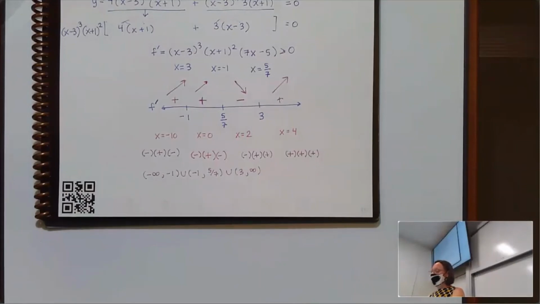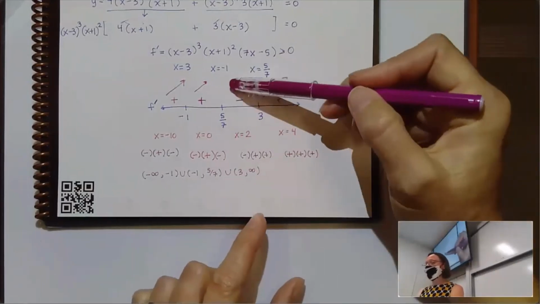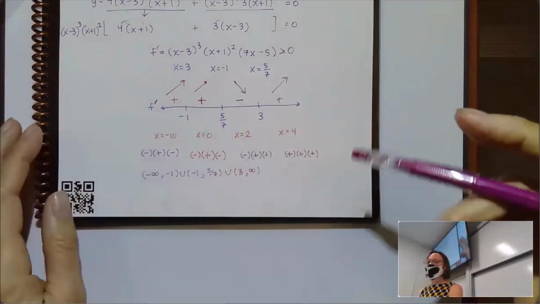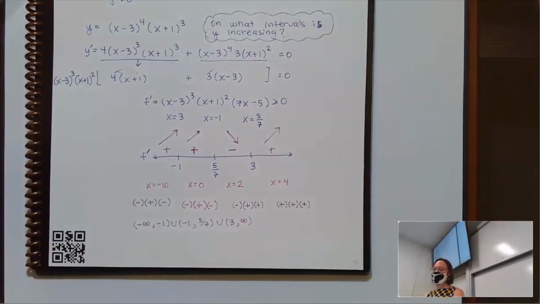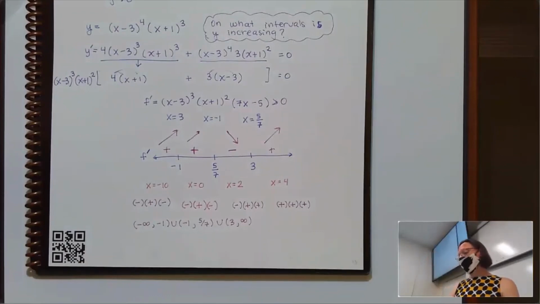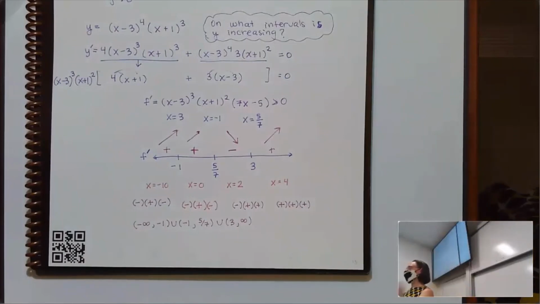At 5/7, the slope is 0, but I'm going to skip this entire chunk between 5/7 and 3 because I specifically asked for increasing. Now, the nice thing is that our textbook, every time it asks this question, asks for open intervals. So it's always clear we should not include the numbers. We're always open intervals. Question?